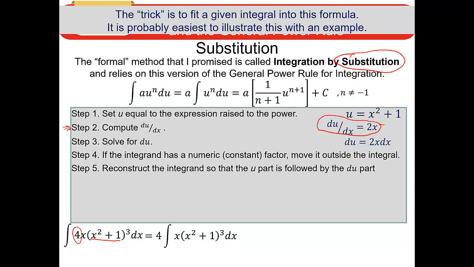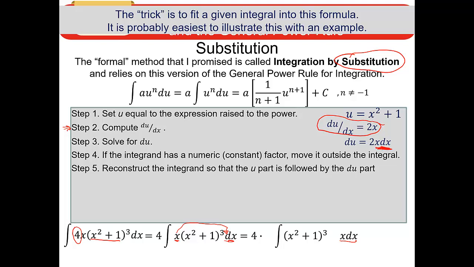So you notice, I hope, that the du has an x and a dx. And the integrand has an x and a dx, but they're not together. So the idea is to put them together. So I'm going to rewrite that so that the x gets moved over next to the dx. And the reason I want that is I see that they're together in the differential.